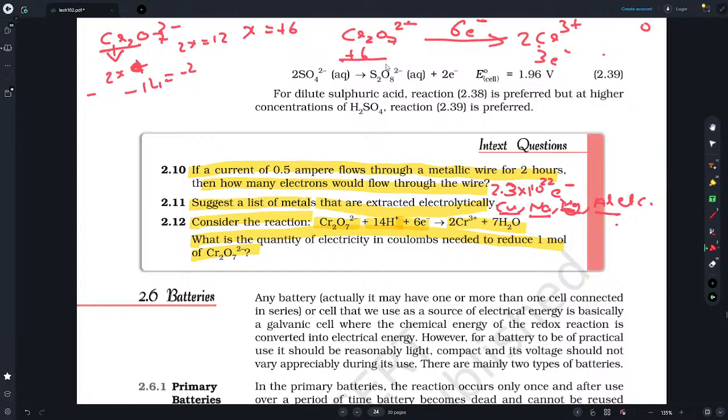So 1 mole of dichromate needs 6 moles of electrons, and 6 moles of electrons is nothing but 6 times Faraday's constant, 6F. If you want coulombs, we can substitute 6 times 96,500, which is approximately 580,000 coulombs.